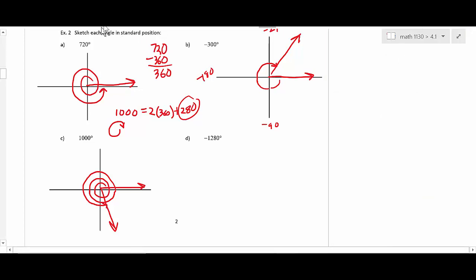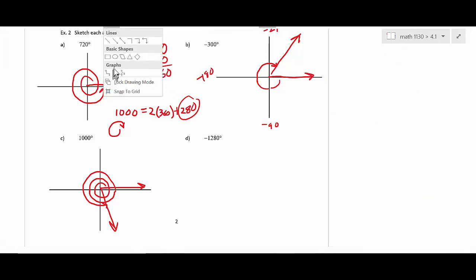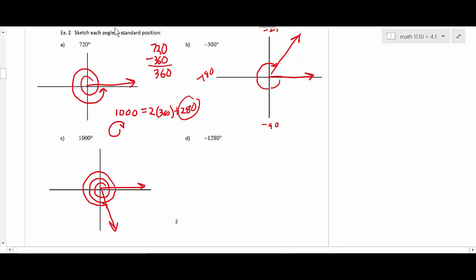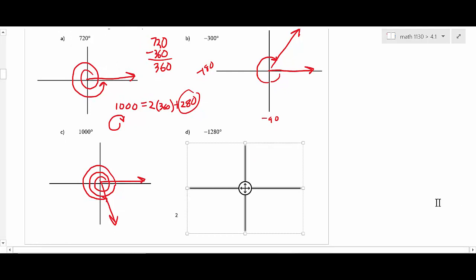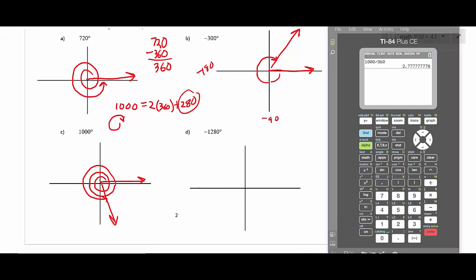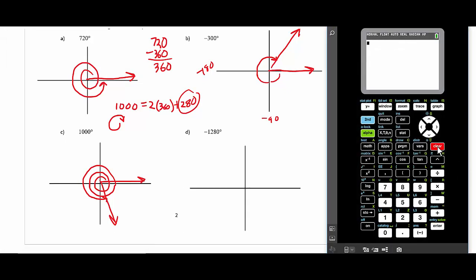This next one is also more than 1 lap around the circle. So what we want to do is figure out how many laps first of all. Now, on this one I wouldn't even really worry much about the negative. You could add 360 to it over and over again if you wanted to. Or you could do it like this: if I add 720, that's 2 laps.